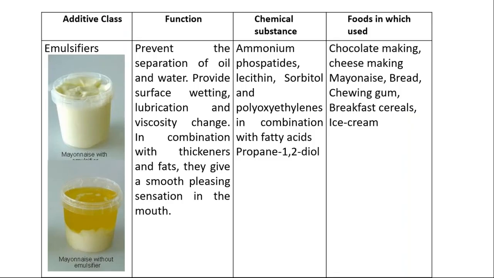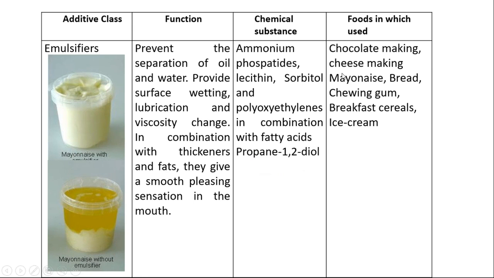And we have emulsifiers, which are added to prevent the separation of water and fat, and they are used to give surface wetting. Generally, you will find emulsifiers used when there is a fat in the product. The emulsifiers generally used are ammonium phosphatides, lecithin, sorbitol, polyoxyethylenes in combination with propane-1,2-diol.